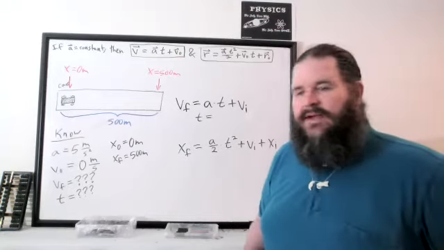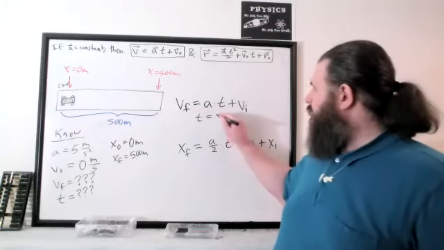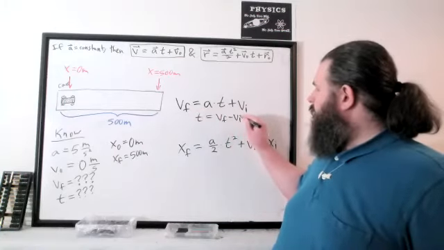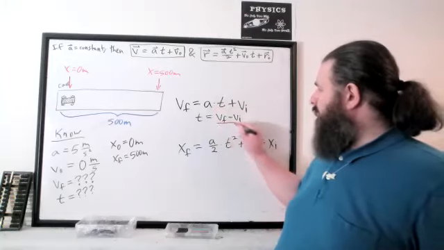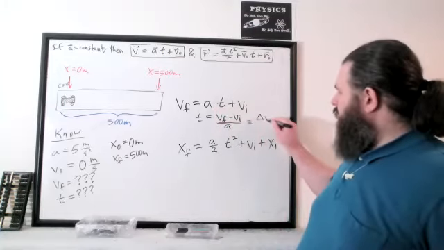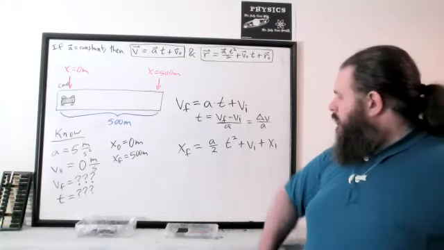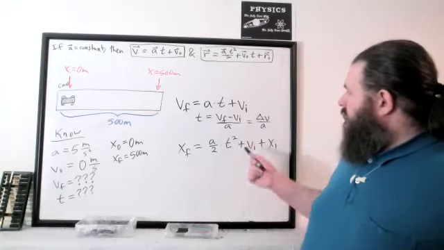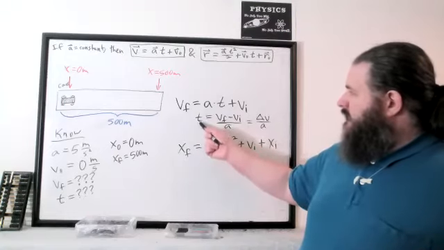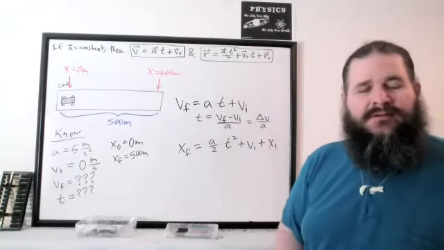Yeah, V final. Well, we have to subtract V initial from both sides first. And then afterwards divide by A because of order of operations. In other words, delta V divided by acceleration. So that would tell us the time. The amount of time it takes to accelerate a certain amount is delta V divided by the acceleration.